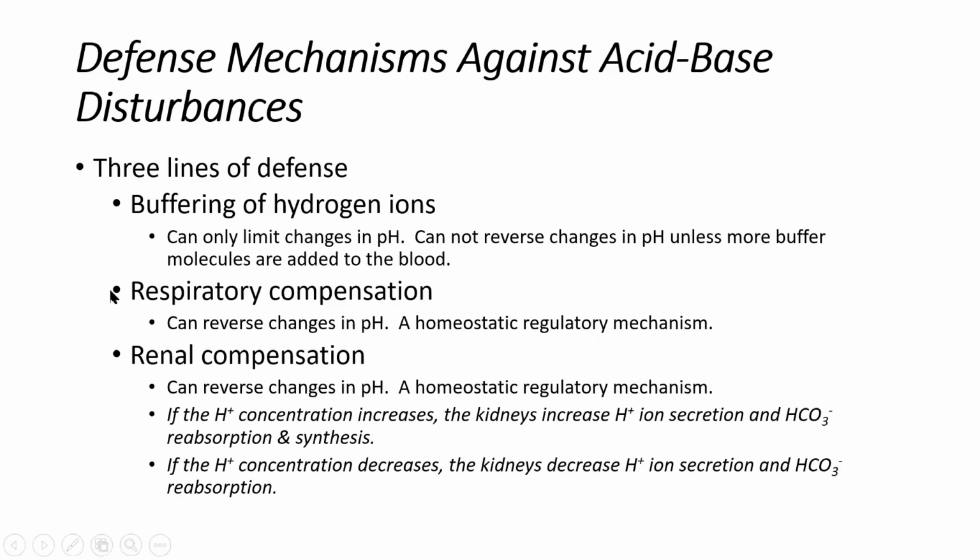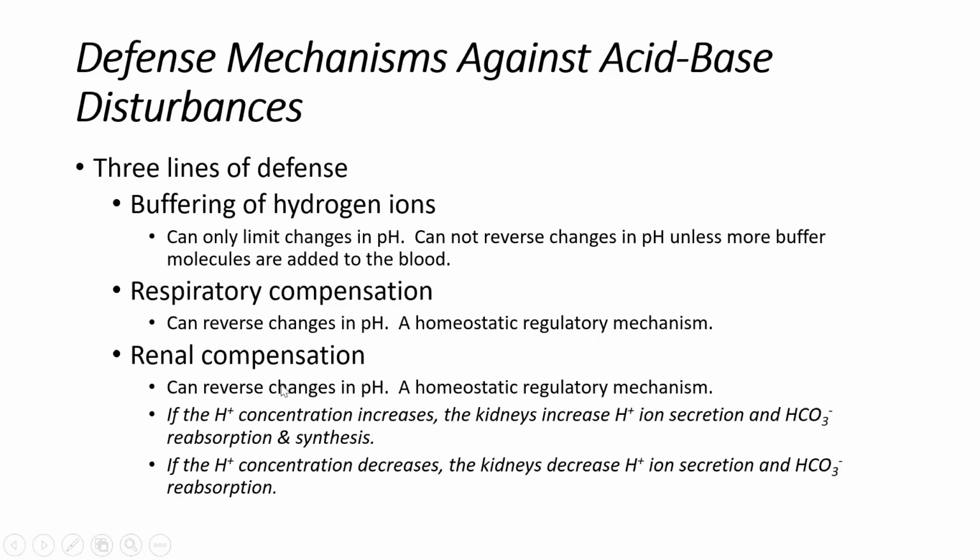And then the kidneys can also play a part in compensating for any existing disturbance. The kidneys are going to either secrete more hydrogen ions and reabsorb more bicarb, or the kidneys can secrete fewer hydrogen ions and reabsorb less bicarb.